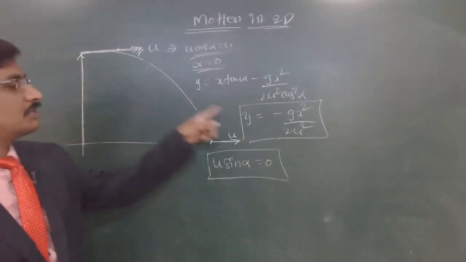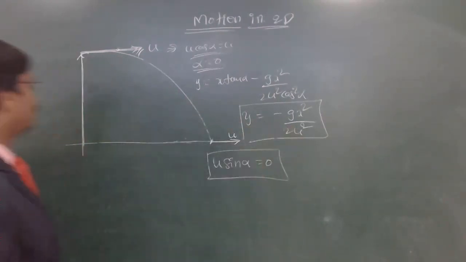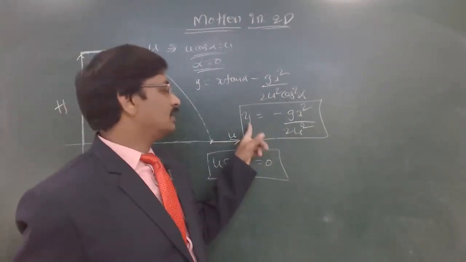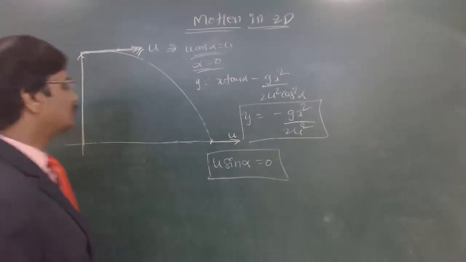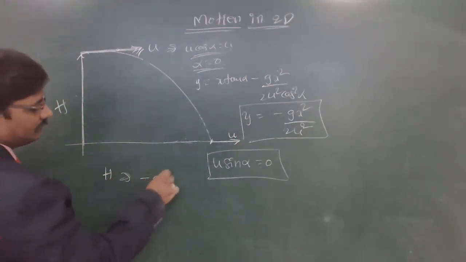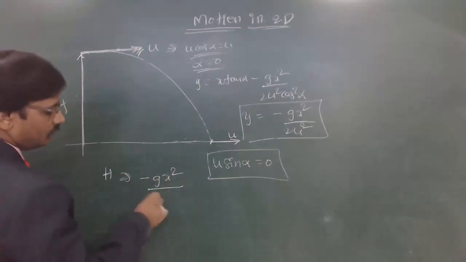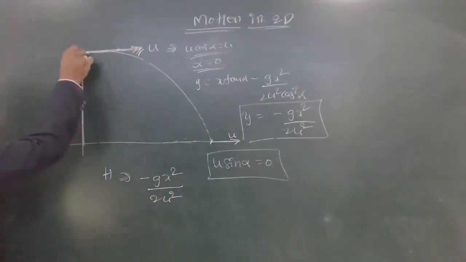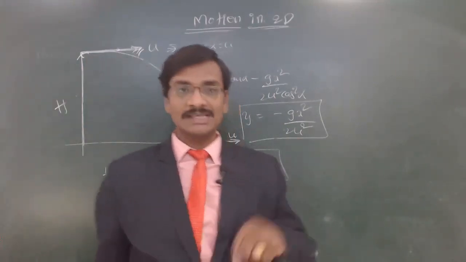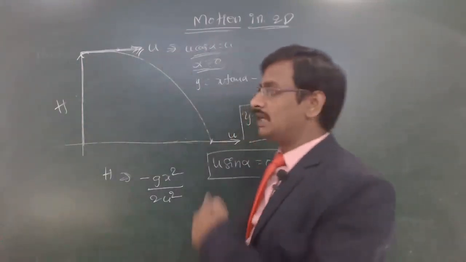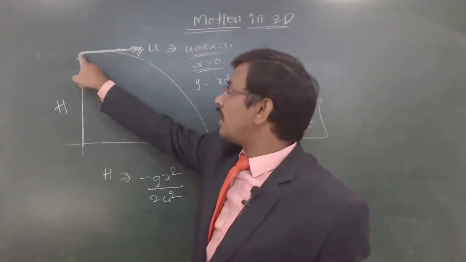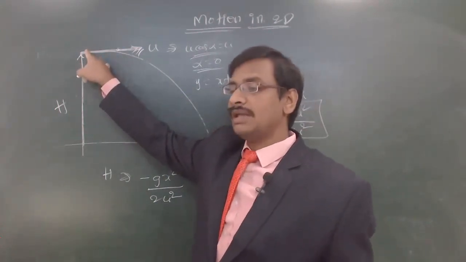From this relation we have got the value of it. Now let us say the building height is h. Then h is nothing but this location, where the x value is going to be h equal to minus g x square divided by 2u square. Now here, this is where we usually take the coordinate system. As I said earlier, in the previous derivation of the parabola, where the x-axis and y-axis start, there we have to consider the angle alpha.